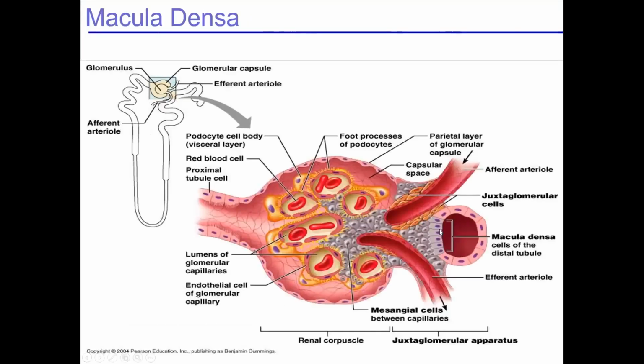Remember, there's the macula densa right there inside the distal tubule. There's the juxtaglomerular cells there. In here is where we're monitoring sodium levels. If there's no sodium present, it means we're going too slow because all the sodium's been sucked out already. If there's too much sodium here, it means we're going too fast because we didn't get it all.